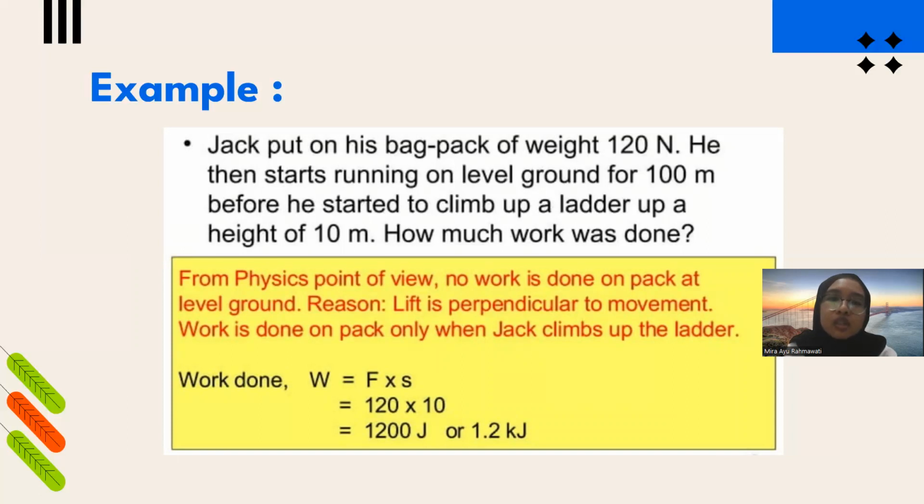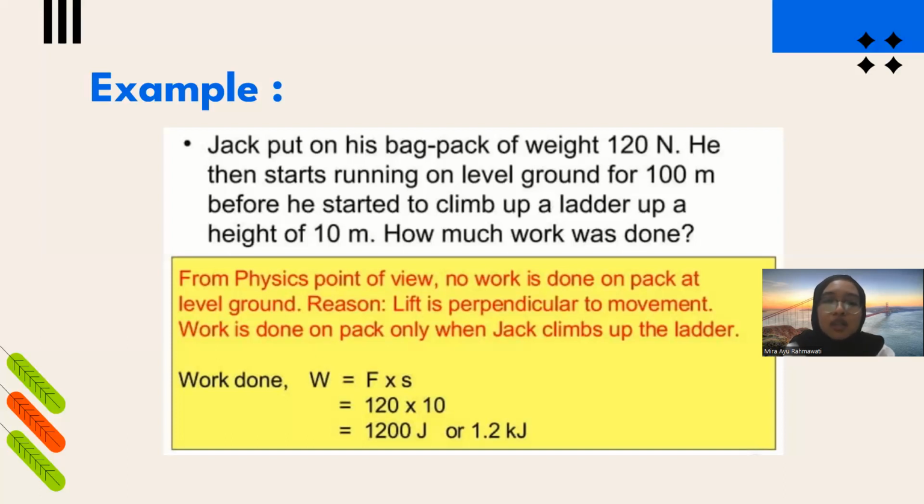Example number 2, Jack put on his backpack of weight 120 Newton. He then started running on level ground for 100 meters before he started to climb up a ladder to a height of 10 meters. How much work was done? From basic point of view, no work is done back at level ground. Reason, lift is perpendicular to movement.